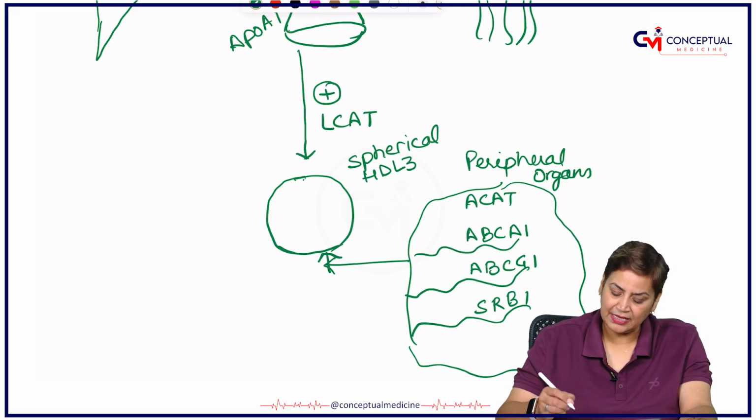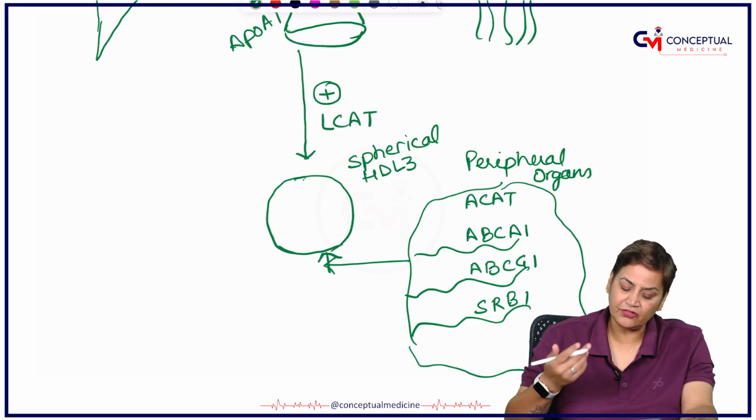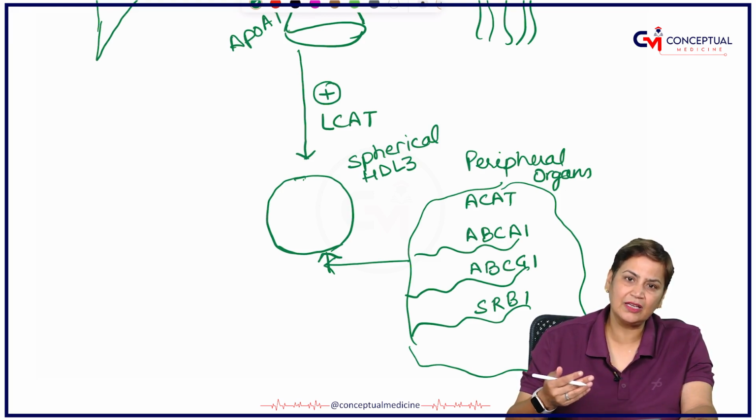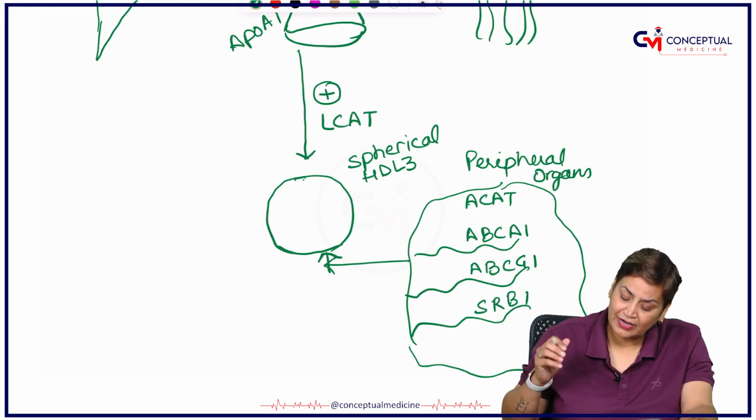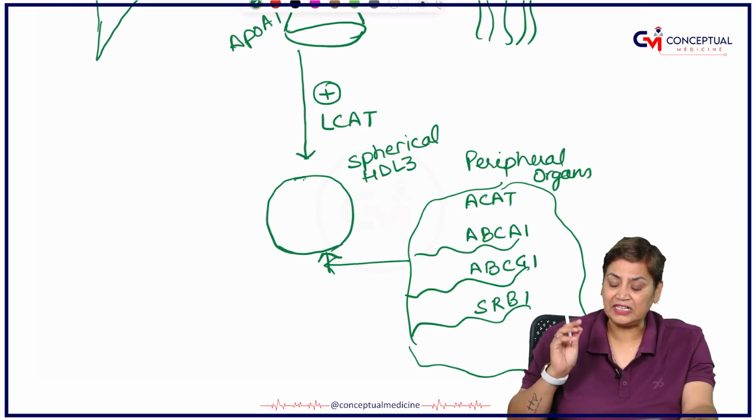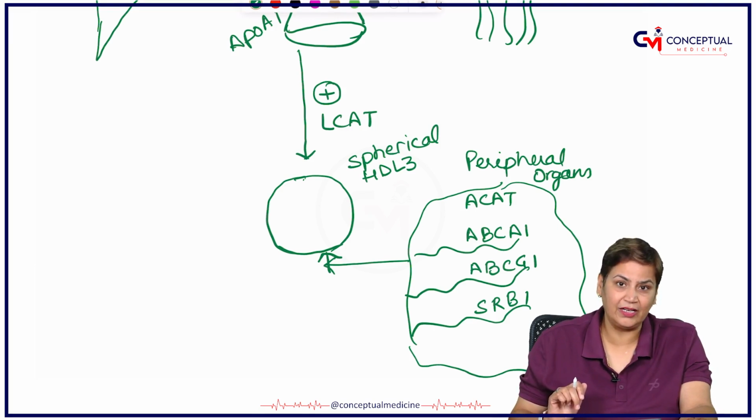So these cholesterol esters will form a spherical HDL. Now what happens is that the concentration of this will keep on increasing. So this HDL3 will swell up. Why will it swell up? Because of the continuous triggering of this discoidal conversion into spherical HDL.